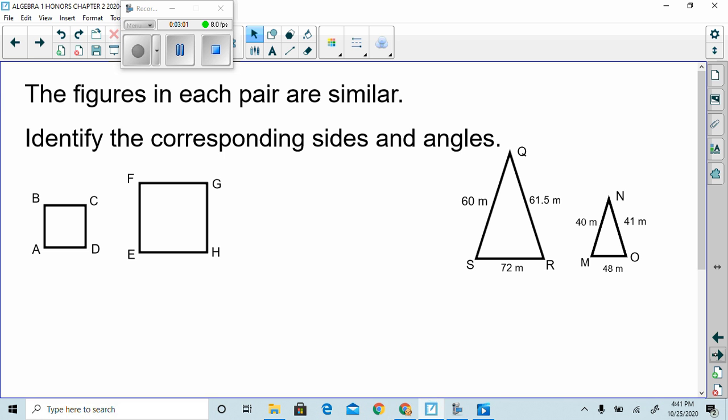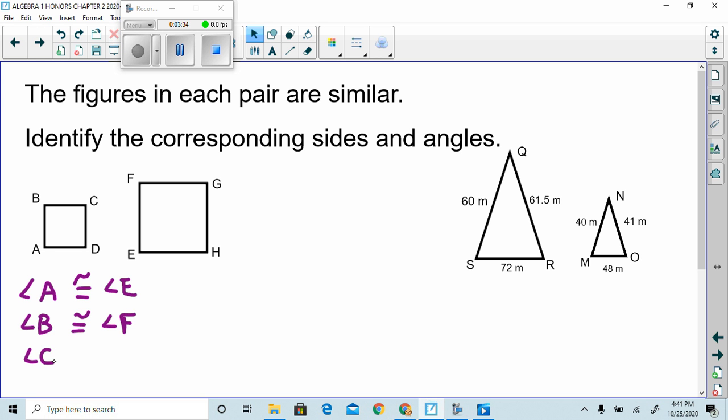In the figures in each pair, they are similar. Now you're being told that they are similar. You don't have to test it out. Identify the corresponding angles and sides. So again, we could say that angle A corresponds to and is congruent to angle E. We could say that angle B is congruent to angle F. Keep going.